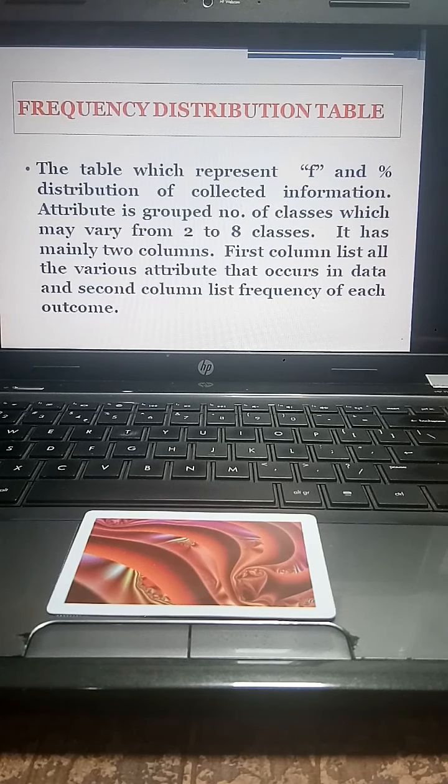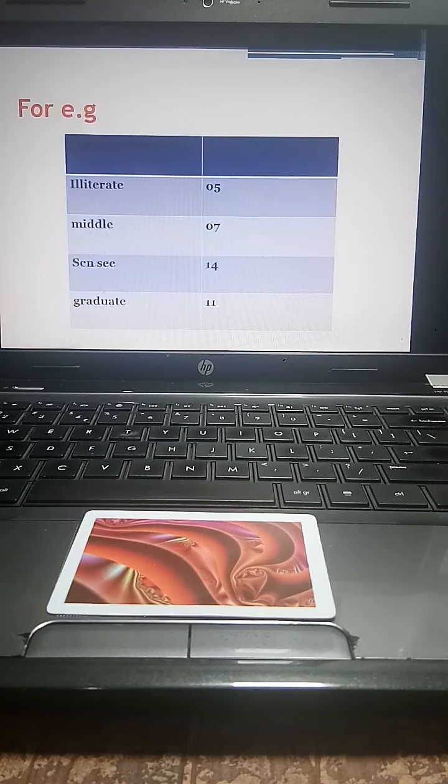In this case, the attributes are grouped into the number of classes, and those classes can vary from 2 to 8 classes. But it mainly has two columns. The first column enlists all the attributes, and the second column gives the frequency of that particular attribute. So as you can see in the example, the first column shows the various attributes and the second shows the frequency of those attributes.